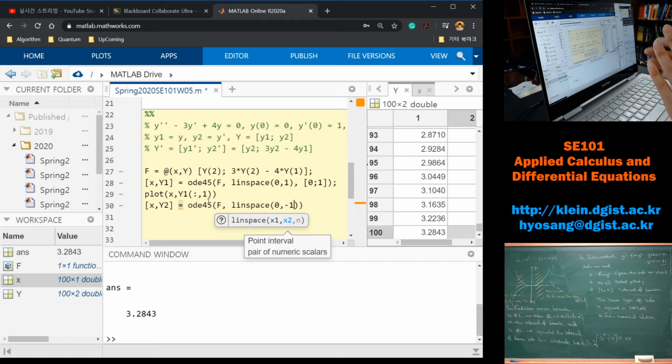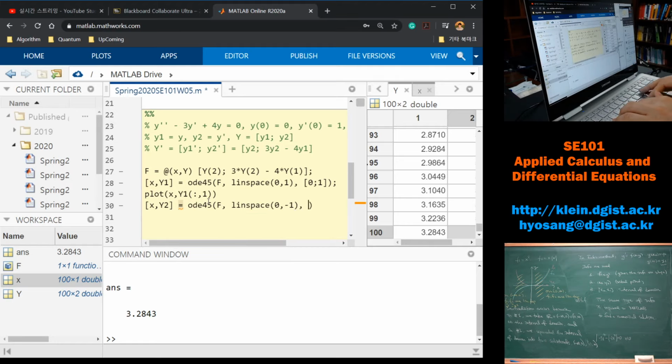So I want to make a linspace from 0 to -1. So the starting point of the array is 0 and the end point is -1. It makes a sequence of array which is decreasing equally from 0 to -1.